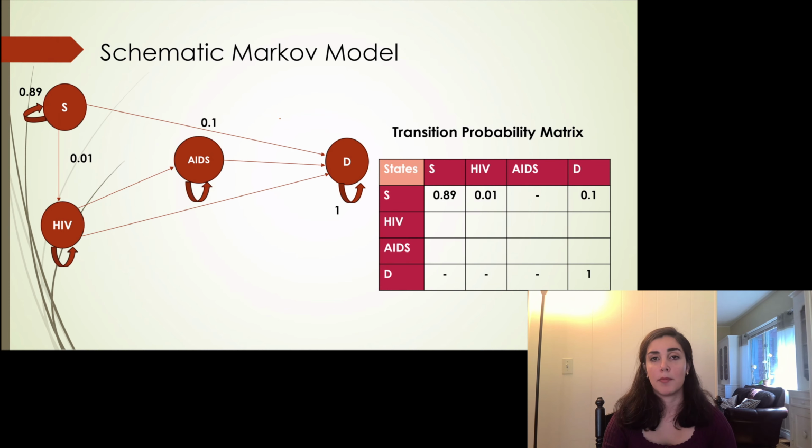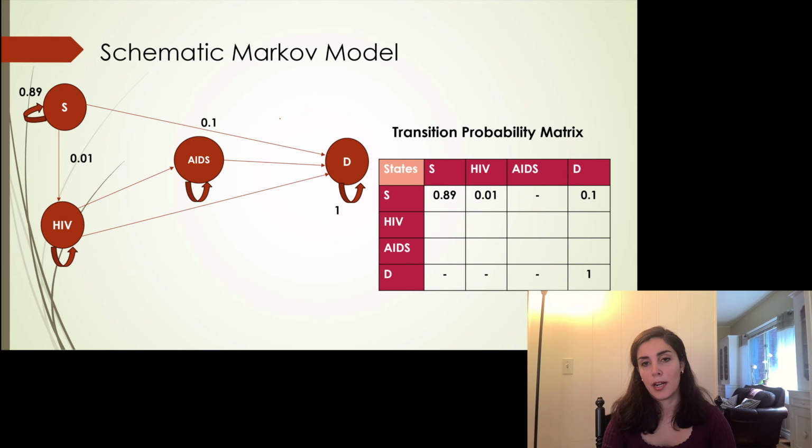This is a schematic Markov model for HIV that helps to better understand how Markov models work. The population is divided into 4 compartments: susceptible, HIV, AIDS, and deceased. On the right side of the slide, we have this transition probability matrix that captures all the states that the patients are moving from.